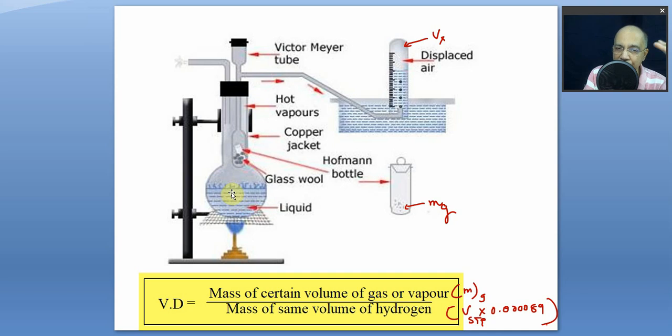When you boil the water outside, there will be expansion of the air present in the Victor-Meyer's tube, and you find bubbles of air coming out. At that time, don't invert the tube filled with water. You first see that the gas bubbles have ceased to come out.